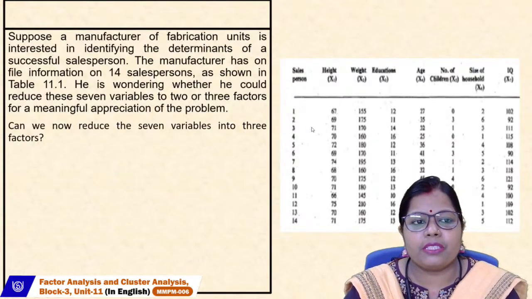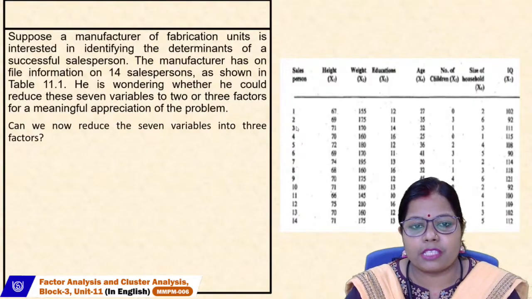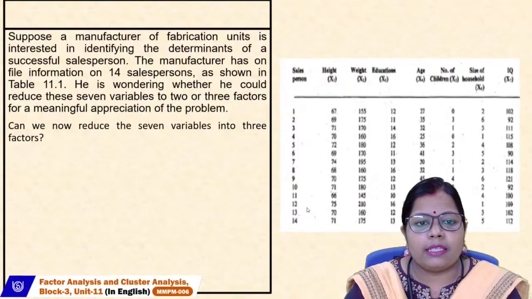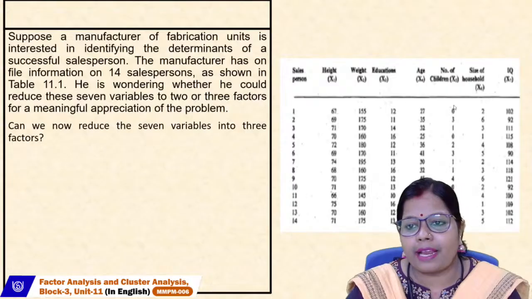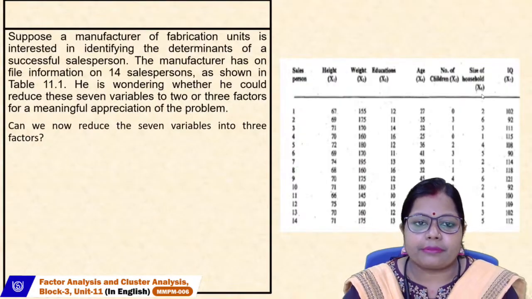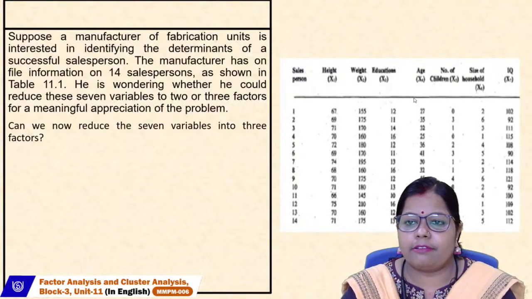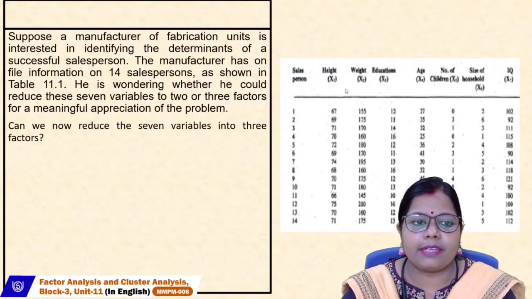The manufacturer has on file information on 14 salespersons, as cited in the table, and he is wondering whether he could reduce these 7 variables into 2 or 3 factors. The company has 14 salespersons and they have 7 different kinds of qualities, or variables.